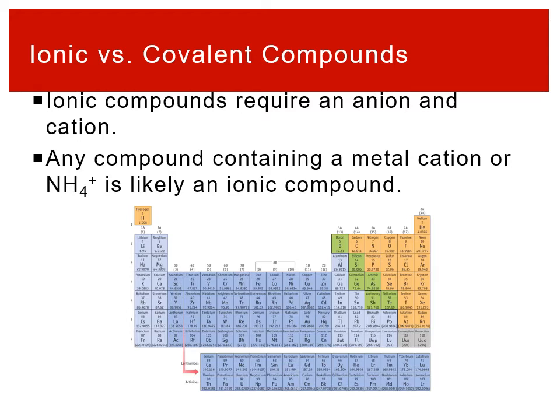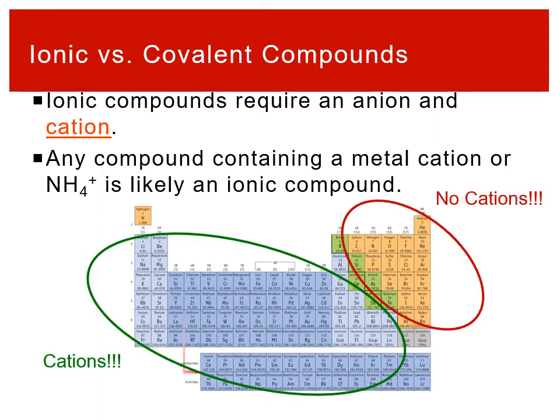If we want to think about where we find anions and cations on the periodic table, we really want to focus on cations, because cations are only formed by metals. Non-metals don't form cations when they're single atoms. They always form anions. They're also the types of atoms that form covalent bonds.